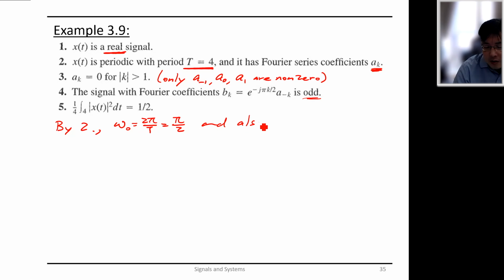And also, by property 3, we know that there are only 3 non-zero Fourier series coefficients.